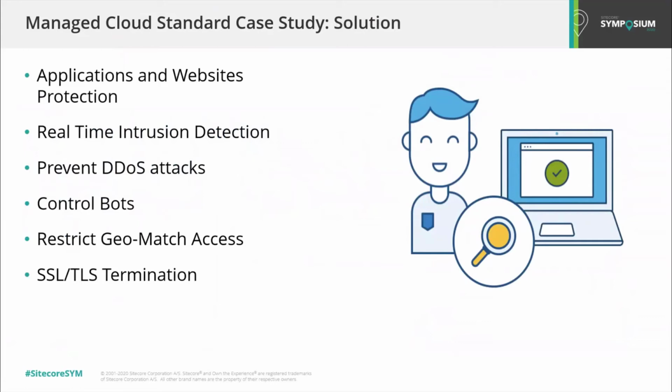On the basis of our observations, we recommended and enabled application gateway with WAF v2 for them, as it provides application and website protection against attacks such as SQL injection, cross-site scripting, and HTTP protocol violation.